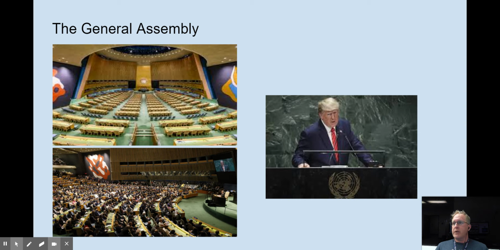Little interesting quirk. It's a very large area, as you can see, and holds 193 members. Usually each member has their own table or at least a couple of spots in that assembly. And if you can see in the top left, there's an open ring above there. A little quirk is that that's usually where the interpreters sit. So not everybody in the world speaks English.